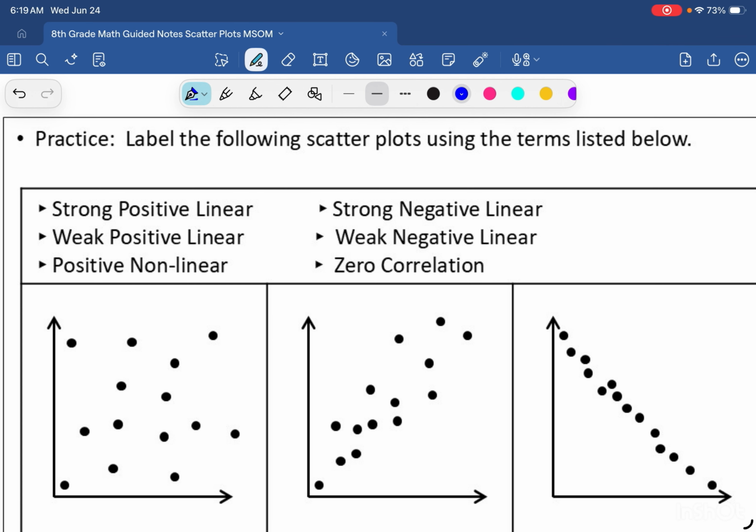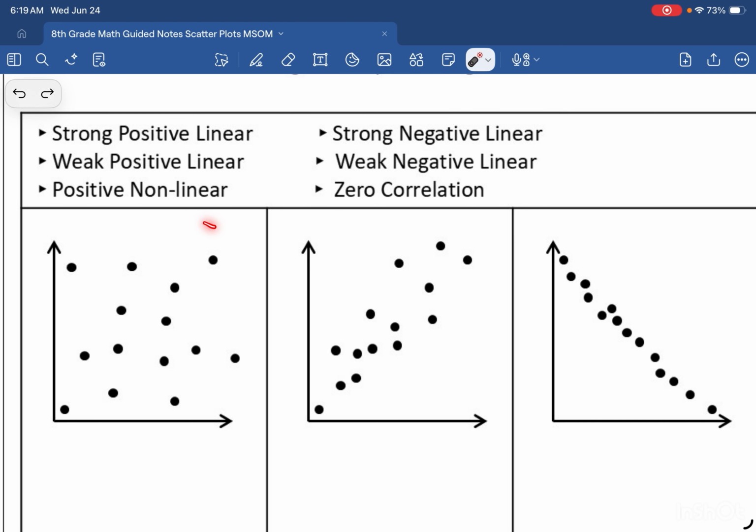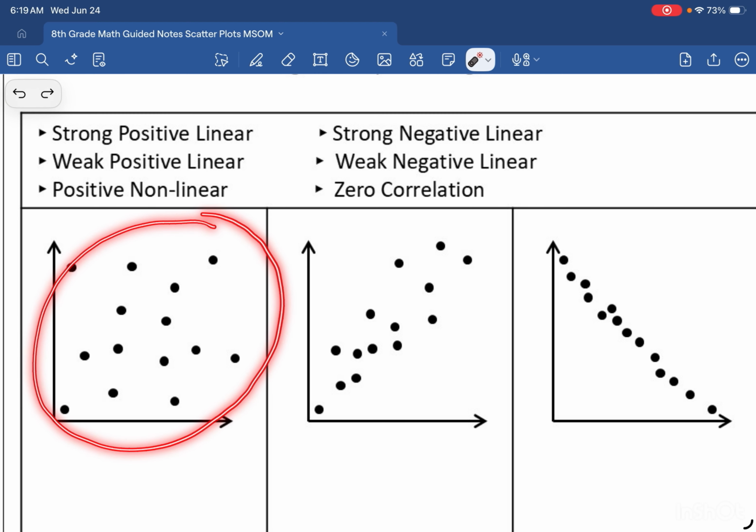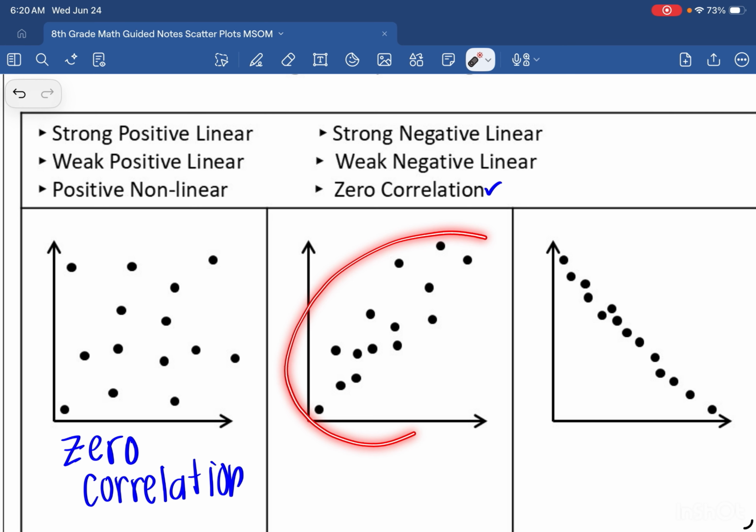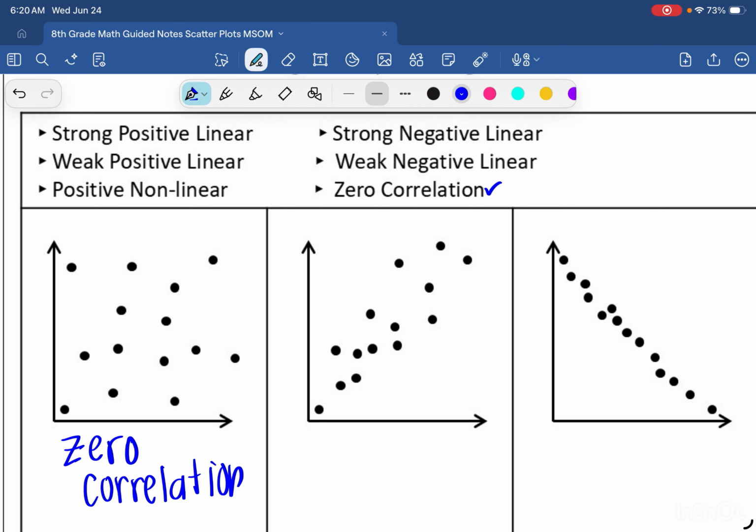Label the following scatter plots using the terms listed below. This first scatter plot doesn't seem to have any association. The points are just scattered without a direction. That will be a zero correlation. The scatter plot in the middle, the points tend to be going up in a linear fashion, but the points are further away from the line.